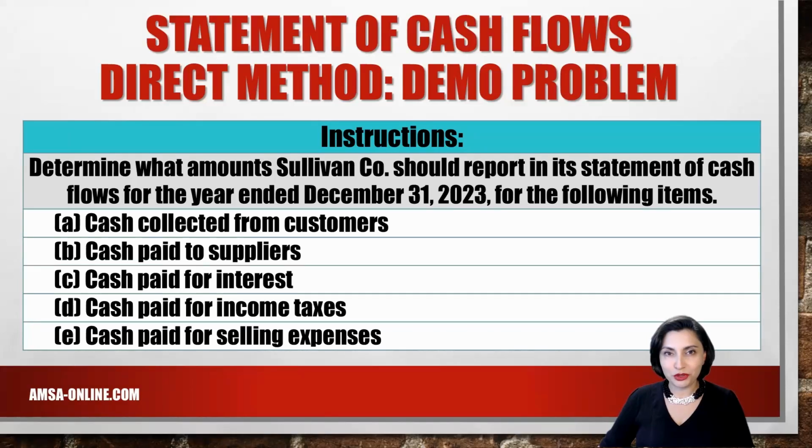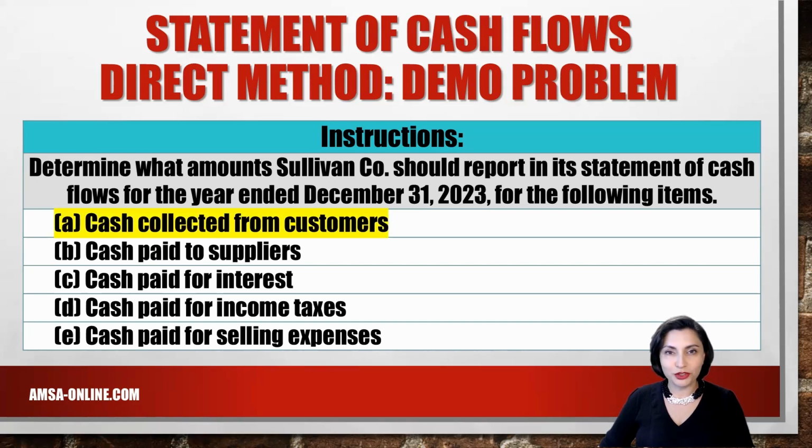The following is required for this exercise. We need to determine what amounts Sullivan Corporation should report on its statement of cash flows for the year ended December 31st, 2023.